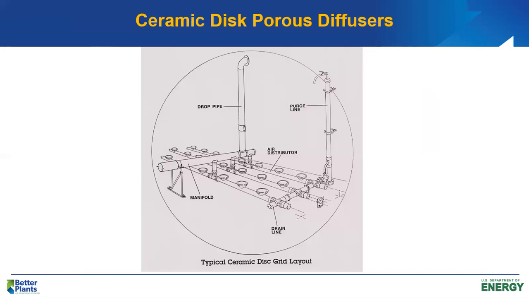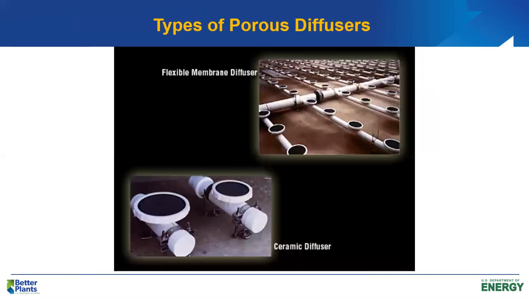Ceramic disc porous diffusers can be used and laid out at the bottom of the reactor. And again, these porous diffusers are going to provide about 50% greater oxygen transfer efficiency than non-porous diffusers. We just saw the ceramic diffusers.